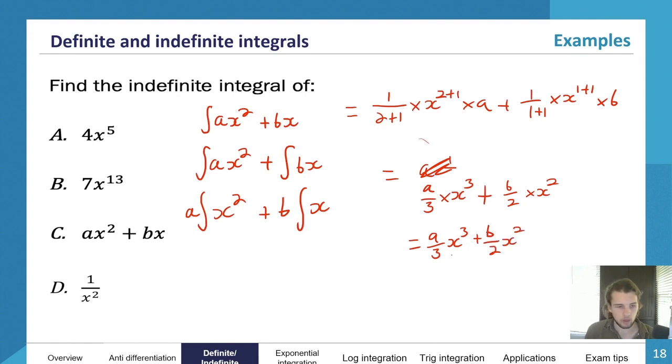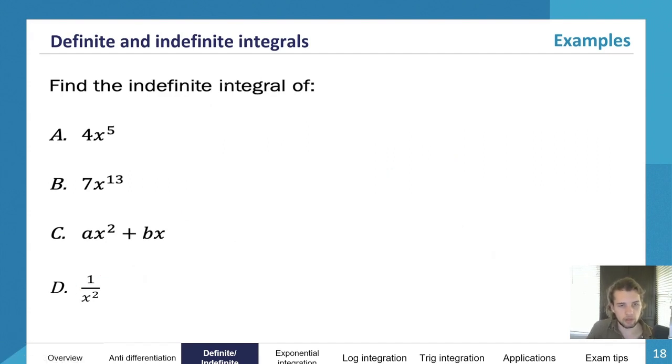Okay. So lastly, we have this one here. Now we'll try to apply this formula. Just consider that 1 over x to the power of 2 is the same as x to the power of minus 2. So let's do this.